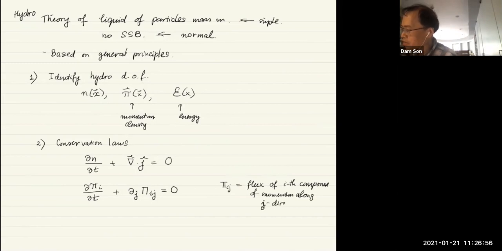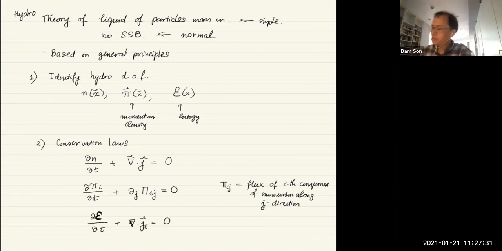So if we have momentum, this is the flow of the ith component of the momentum along the y direction. And the last equation I would write like this: d epsilon over dt. Here, for simplification of future notation, I write this epsilon as a capital epsilon, plus the derivative of the energy current is equal to 0.